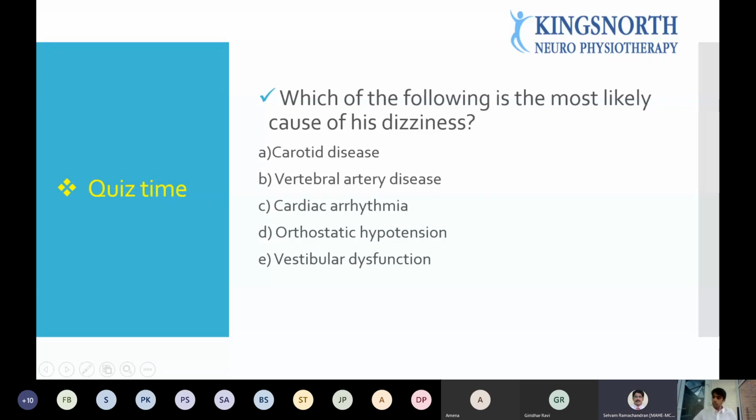There are 5 options: carotid disease, vertebral artery disease, cardiac arrhythmia, orthostatic hypotension, and vestibular dysfunction. Please type in your responses in the chat box.